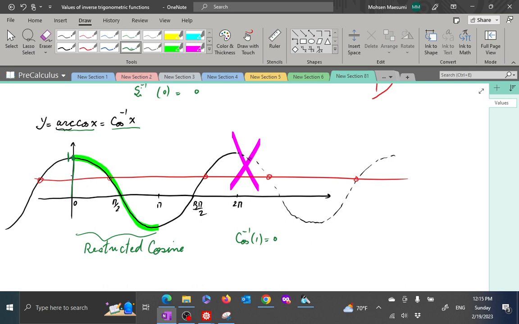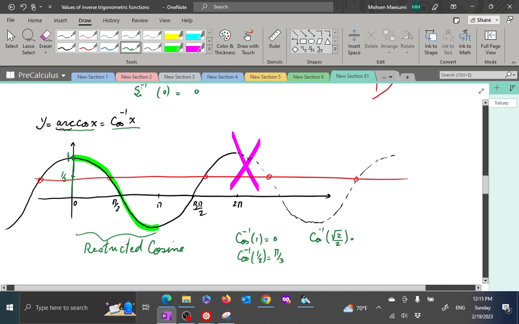Now, how about 1/2? What angle has a cosine of 1/2? Well, we said it was pi/3. And so on. We say cosine inverse of radical 2/2.